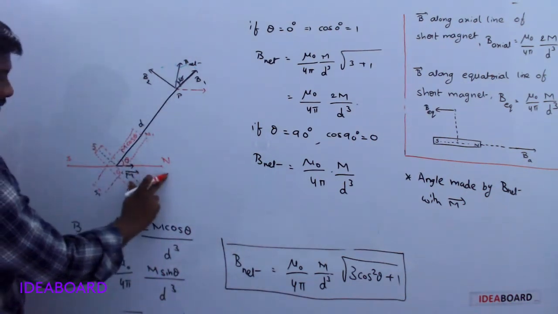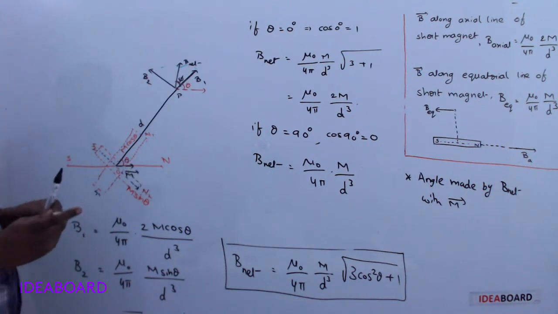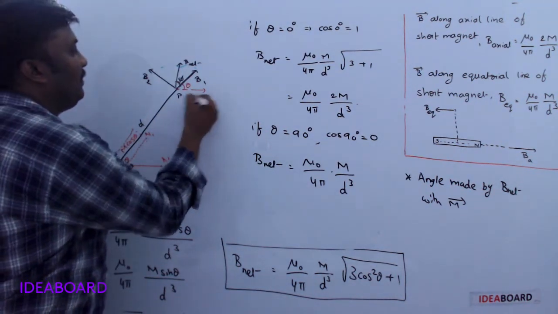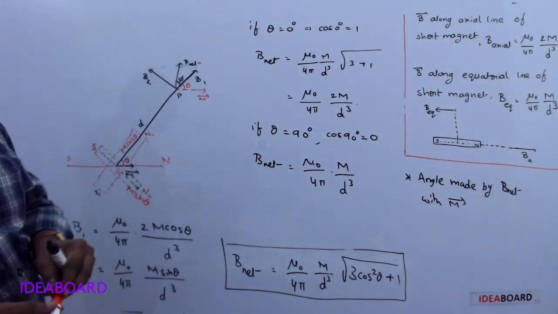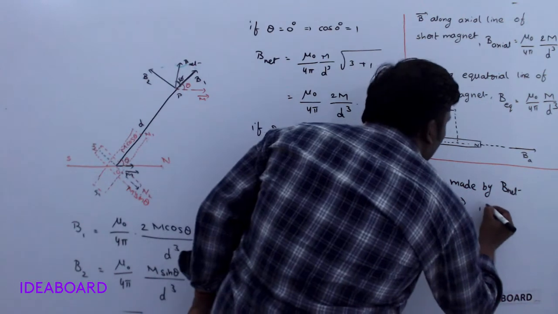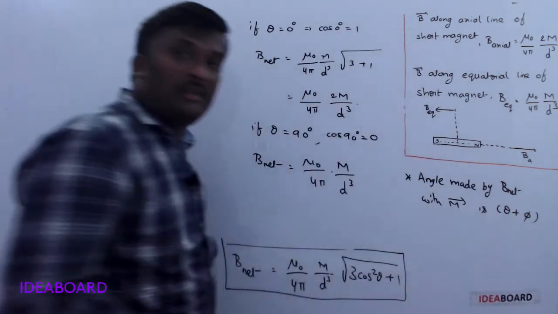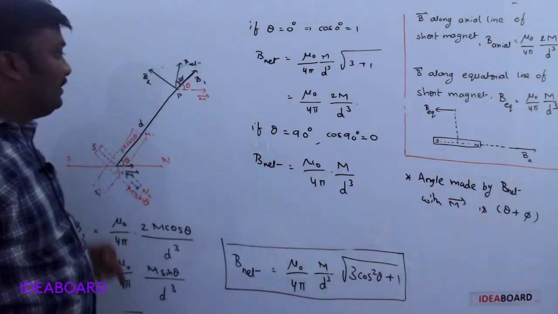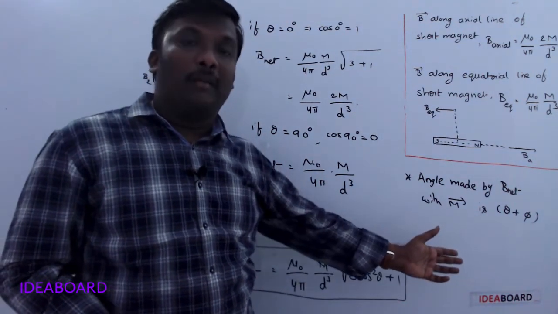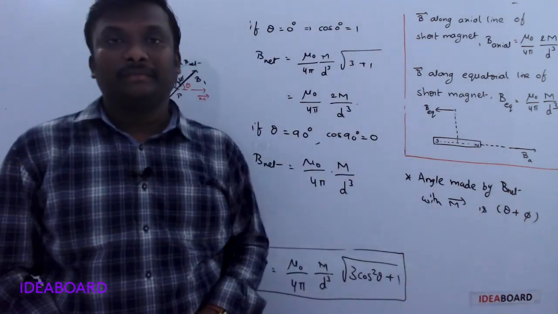This is m bar, so it makes some angle theta here. So what is the angle made by m bar with B net? The angle is theta plus phi. Theta is given, and phi value comes from the formula tan phi is equal to 1 by 2 tan theta. From that you can apply the value of phi there. Clear?